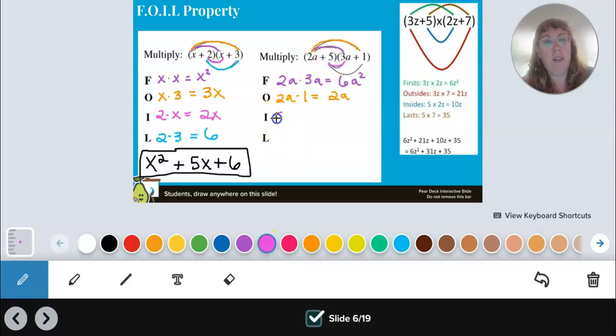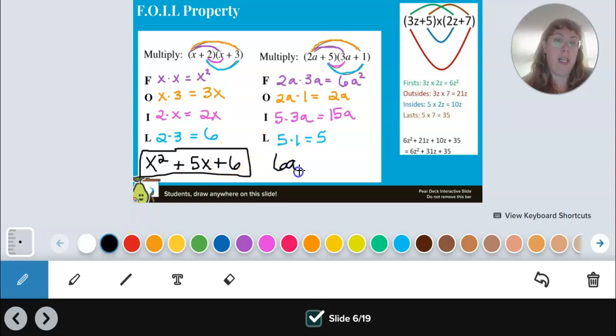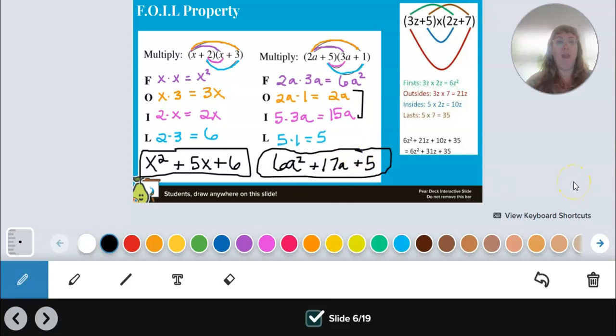Inside is 5 times 3a, which gets us 15a. And last is 5 times 1, which is just 5. So when we combine our like terms, we have this 6a squared. 2a plus 15a is 17a. And then we have that positive 5.